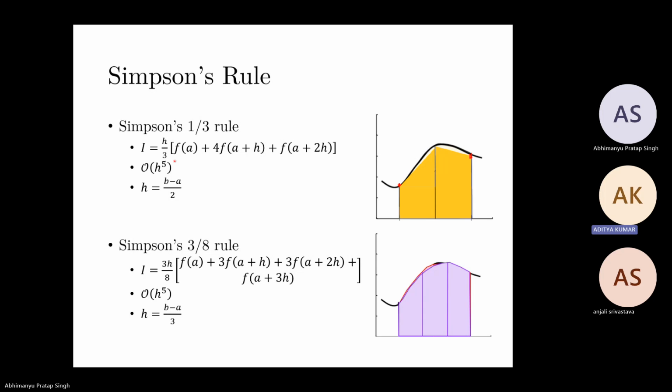Sir, one more doubt. Why do we find h? We simply apply the formula and get the result. Which h are you talking about? When you say order of h to the power 5, why do we need to find it? So we basically use these error bounds to know how accurate our result is.